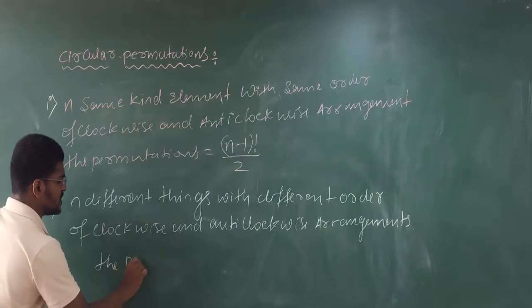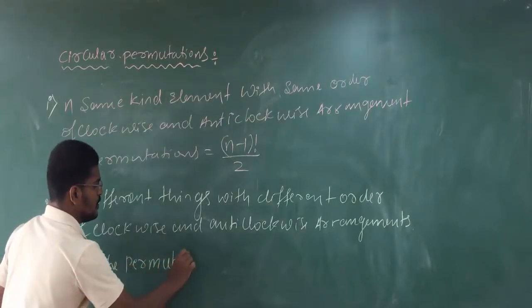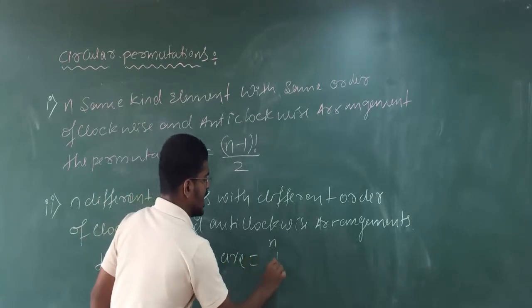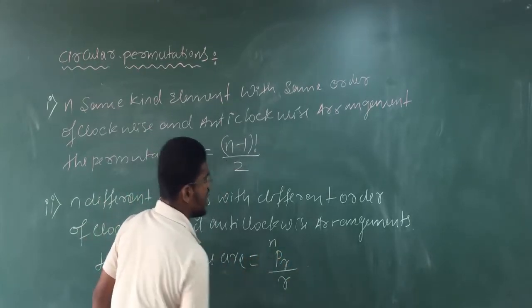The permutations are equal to nPr divided by r.